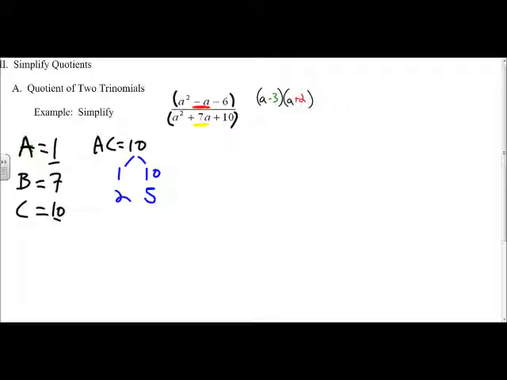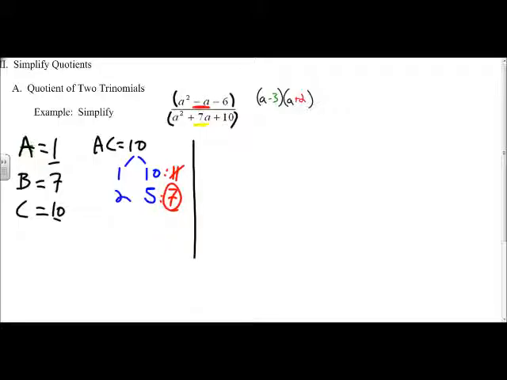Since B is positive, and both of our factors need to be the same sign, we need them both to be positive. If we use positive 1 and 10, that adds up to 11. That's not what we're looking for. If we use positive 2 and 5, 2 plus 5 is 7. So those are the ones we want.